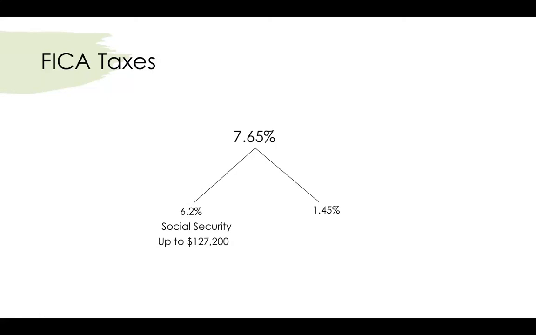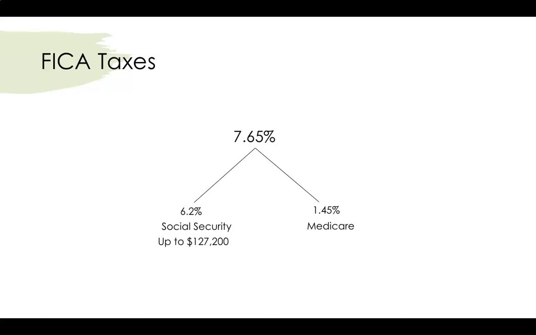So people only have to pay into Social Security that 6.2% up until they make $127,200 in a year. Once they go over that threshold, they don't have to continue paying in to Social Security.